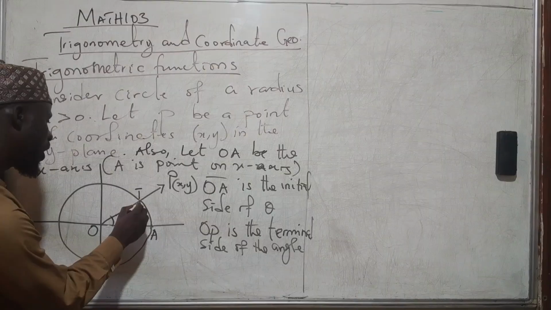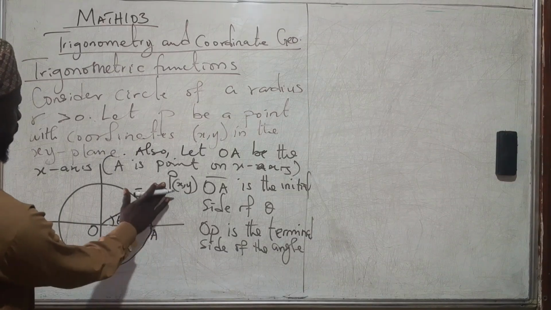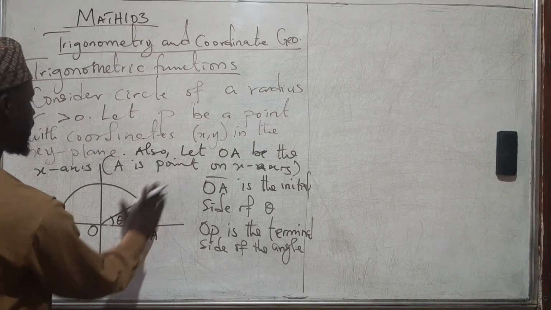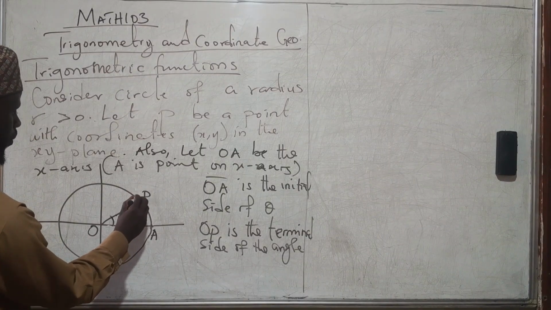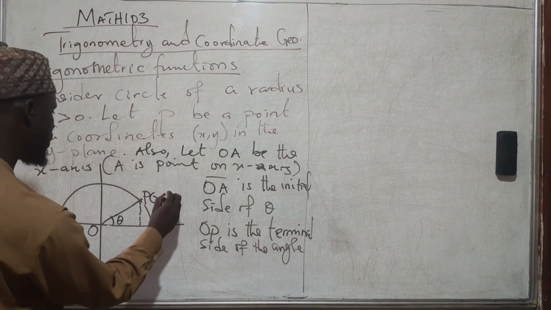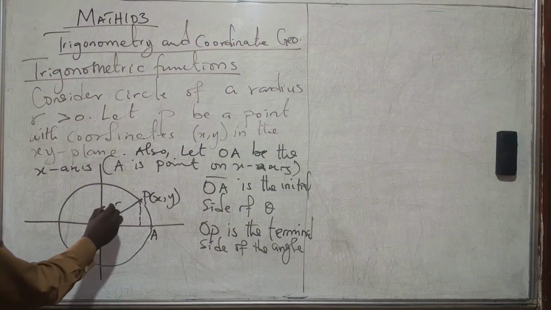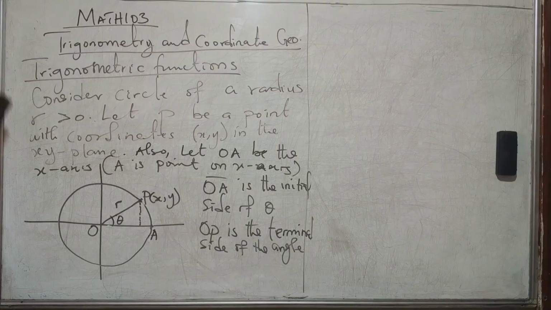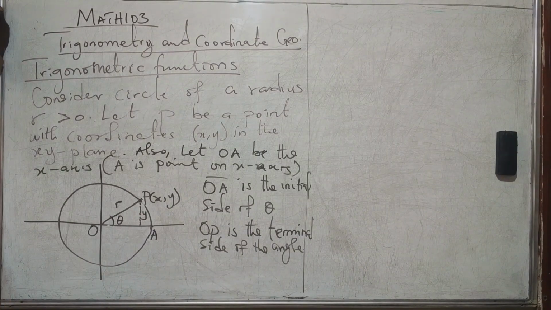So if we draw a line from P down to the x-axis, this is r, a positive radius, here is y, and here is x.